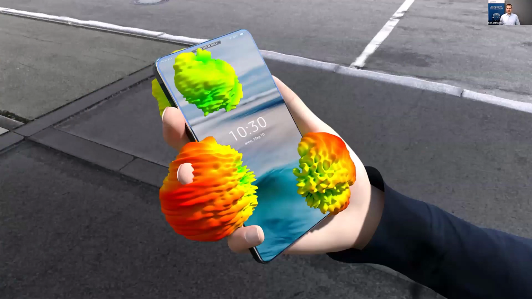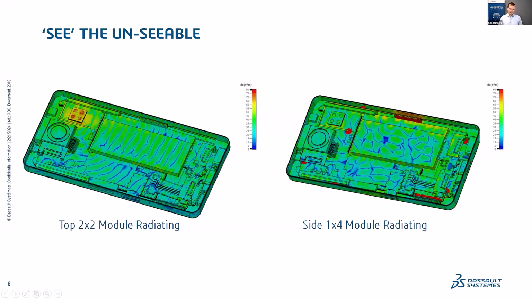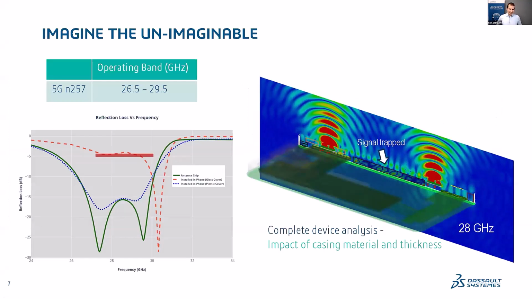But there is good news to be had. CST has been doing exactly that for the past 30 years through computer simulations. We are able to allow designers and engineers to visualize the invisible, to see what's going on. For example, here on this 5G phone, we can make them see the unseeable and imagine the unimaginable.